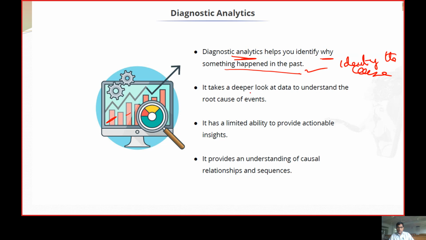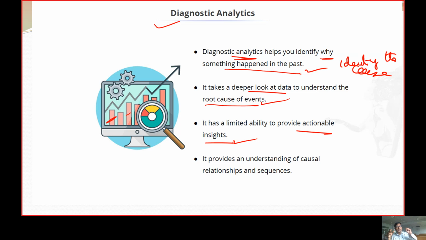It will take a deeper look at the data to understand the root cause of the event. The actual cause of an event is identified in this diagnosis. It gives an ability to provide actionable insights. As we identify the cause, next we can make quick decisions. In order to address the cause, what should be recommended?